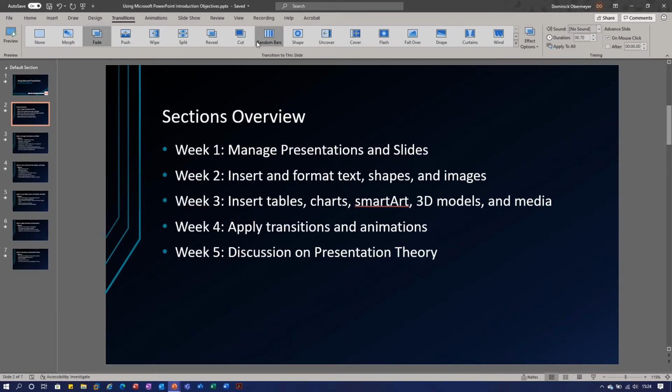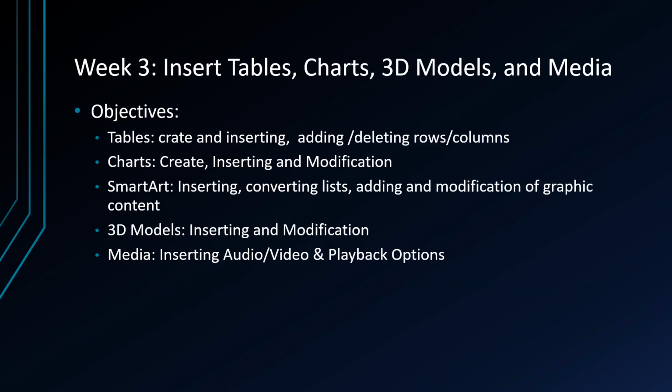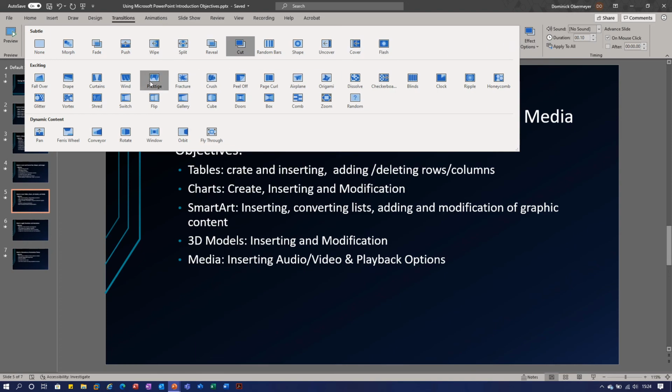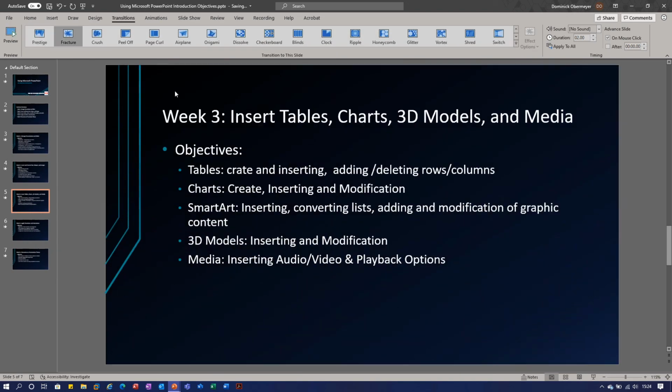Now, if you decide to go to a cut and then go and apply all and play this again, it'll actually cut quickly from slide to slide. And it does so very quickly. Then you have some dynamic types that will make adjustments, as you can see there as a quick preview.